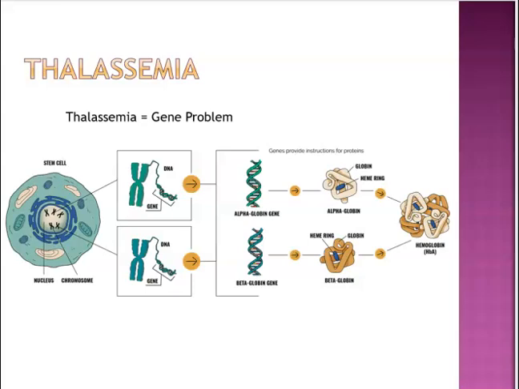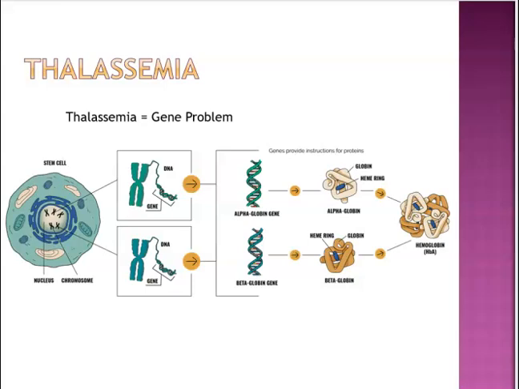Okay, remember how I just said on the previous slide that thalassemia is a genetic problem. Well, because it's a genetic problem, there's a problem with the genes in the thalassemia patient. So either there's a problem with the gene causing the globin chains in the hemoglobin to be deleted, or there's a gene that's telling those globin chains to be defective.